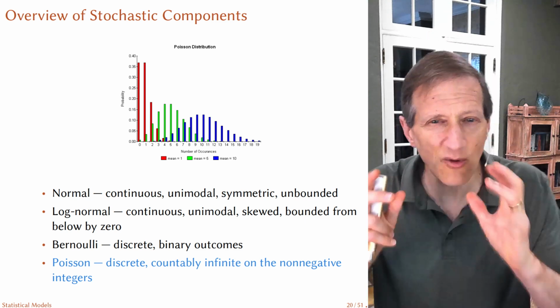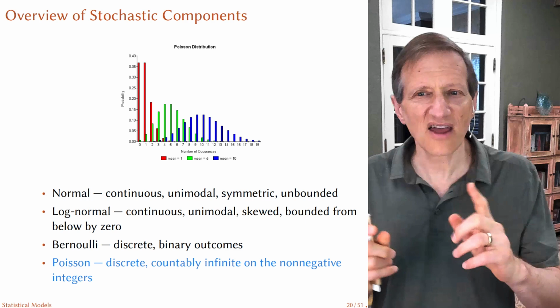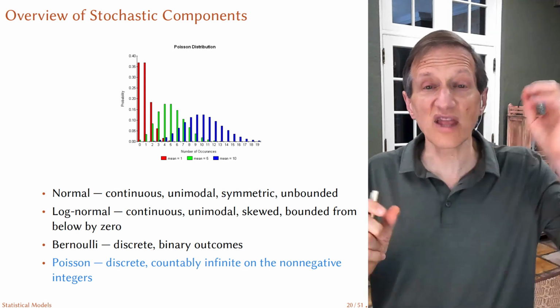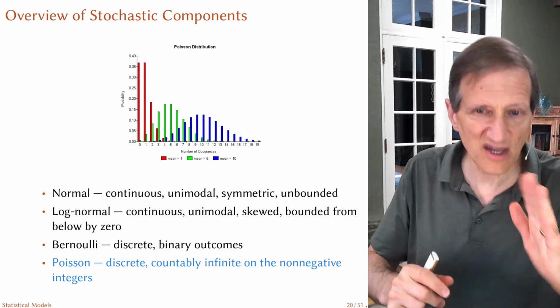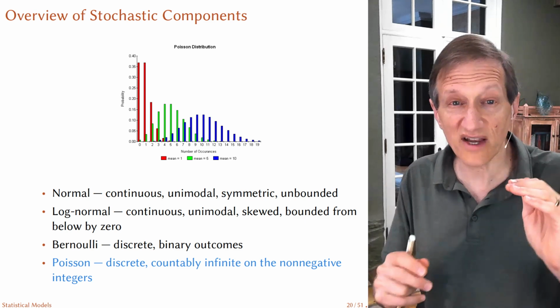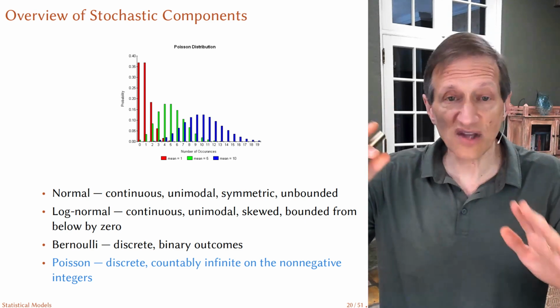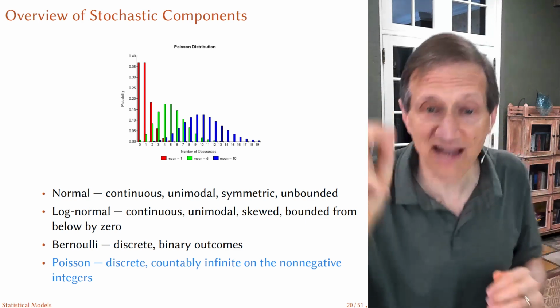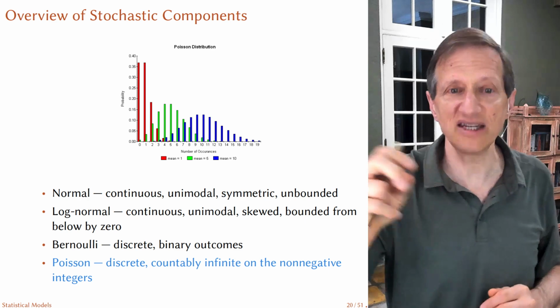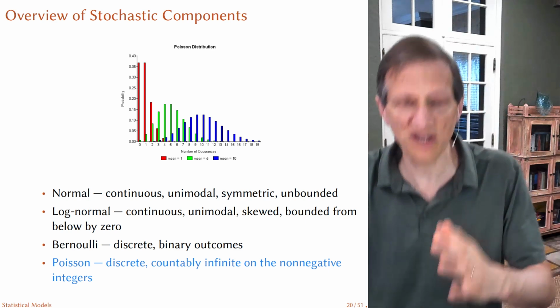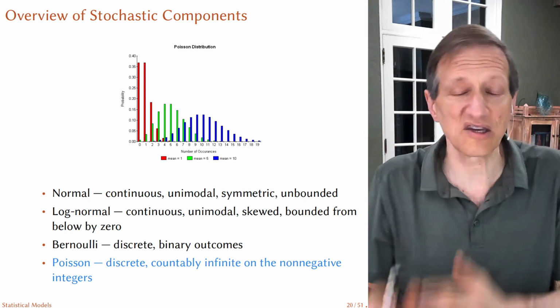At the moment, I want you to have the feel for the fact that all statistical models will have a systematic component, and those systematic components could be linear, nonlinear in various ways, and every statistical model will have a stochastic component, which is the distribution, and the distributions can be of many different types, continuous, discrete, and many different types within continuous and discrete.